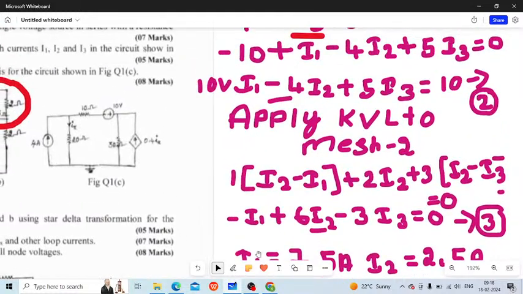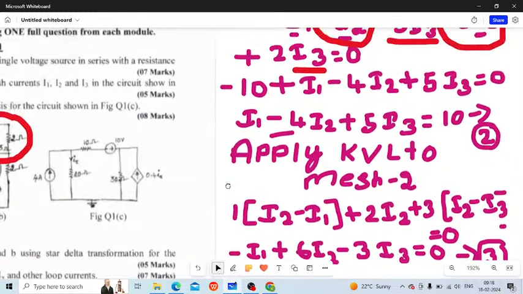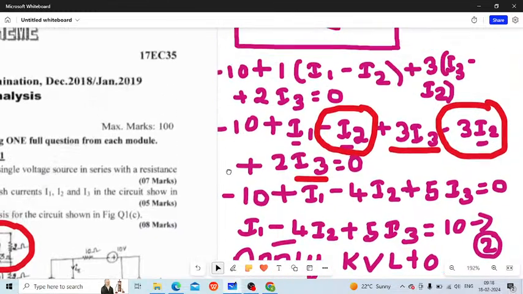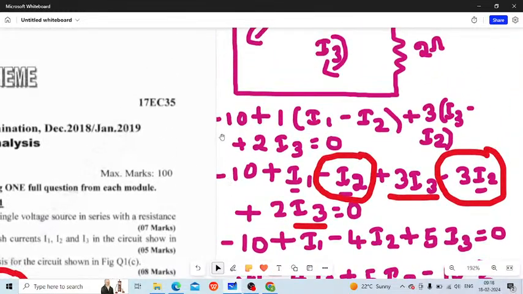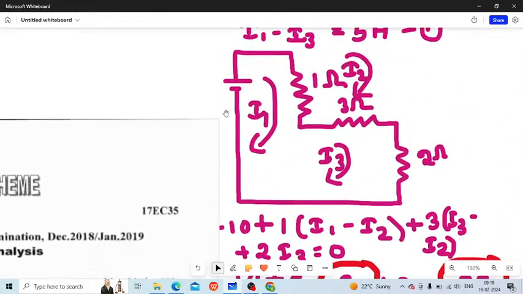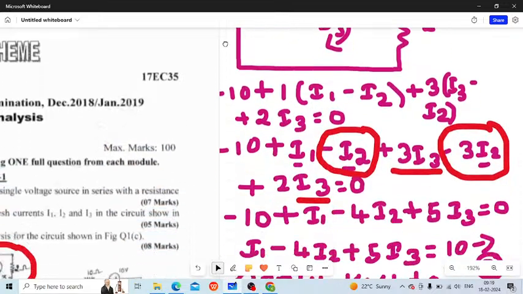So wait, I'll just erase that. Let me see from where it came. Oh, from here. It is written 10 volt here, so it came from there. It happens like that. That's why I just checked it.